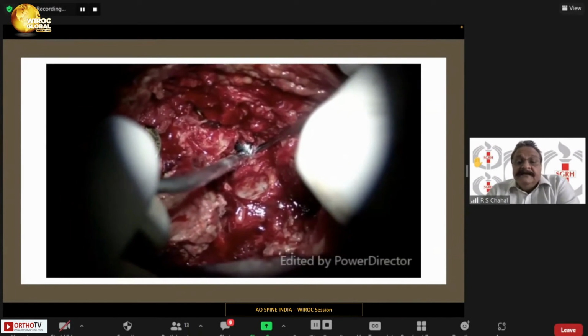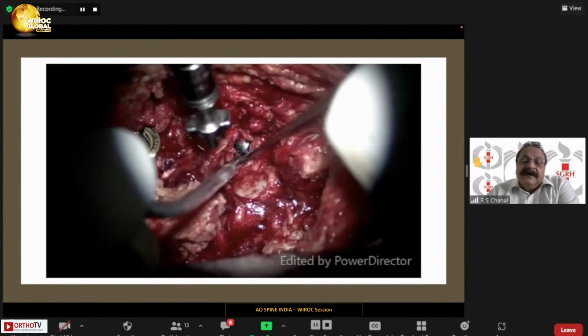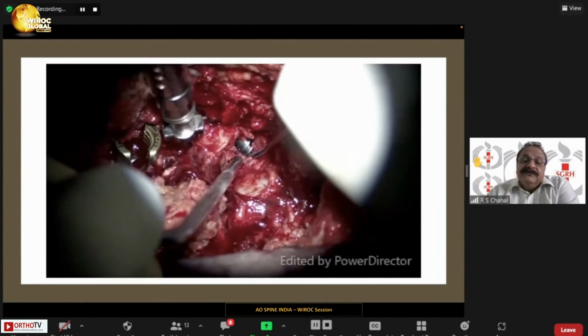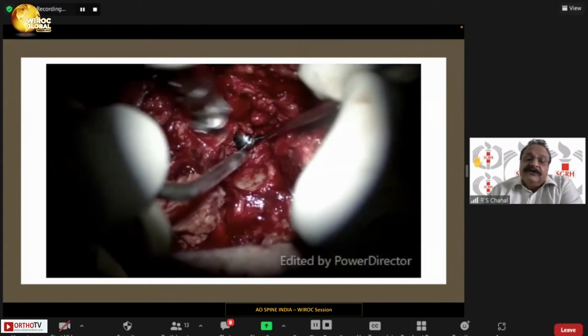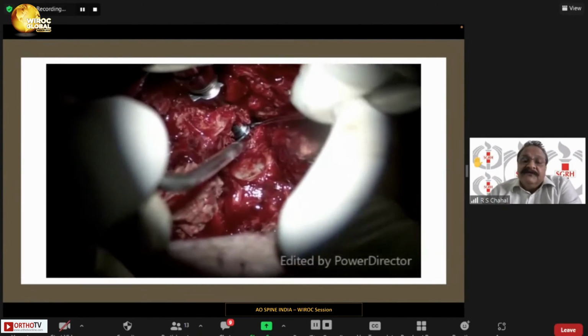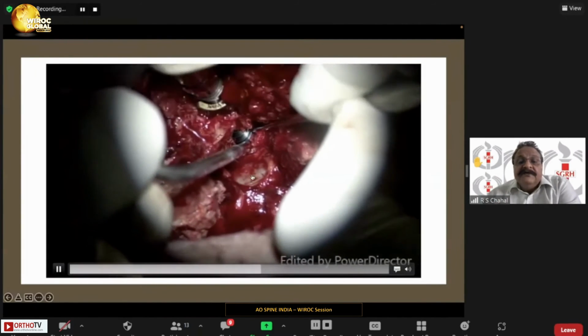And this is an important step: the main surgeon can do this and your assistant can actually remove the screw. Removing the screw is not the important thing, but saving the nerve root is more important.